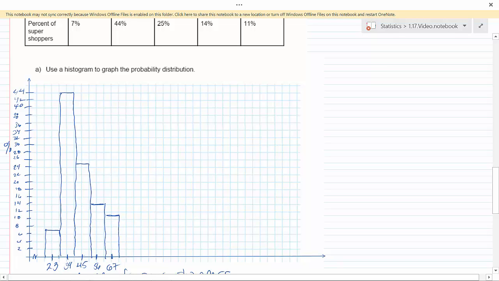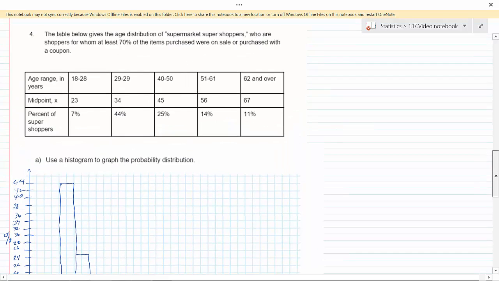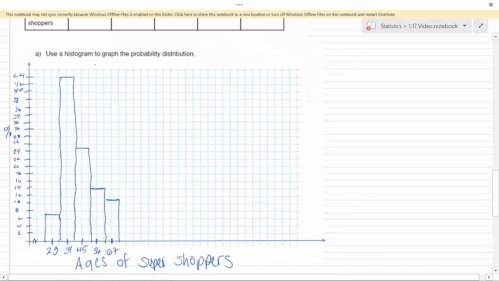And there is my histogram for the age distribution of super shoppers.